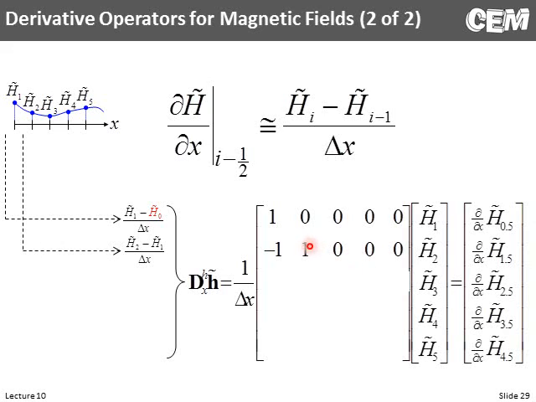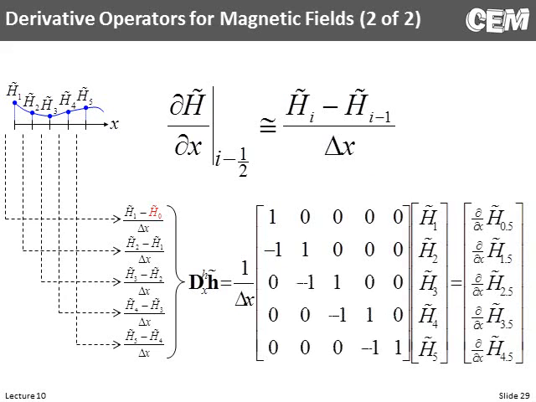We have an h2 minus an h1, and everything's over delta x. Go ahead and fill in all the rows. There's no boundary condition problem here in the last row because the magnetic fields are same cell minus previous. And since we're at the end of the grid, we don't have to reach to h6. That doesn't happen. So we only have the boundary condition problem at one point.